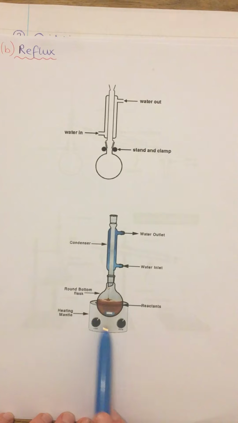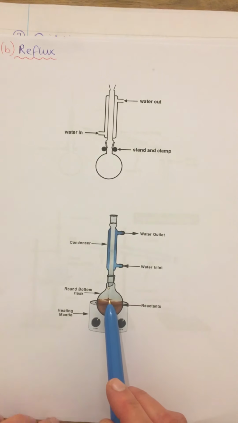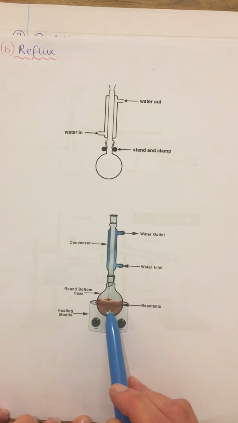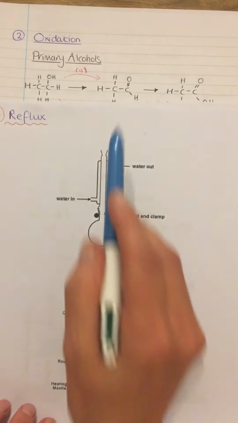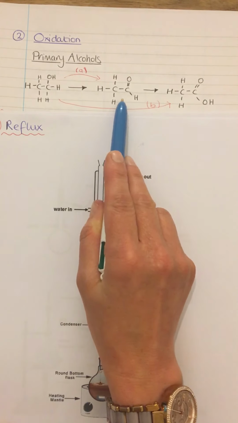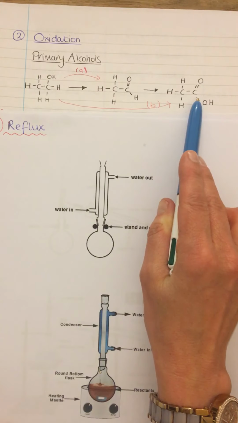Here it's shown as a heating mantle. And in the flask, you would have the primary alcohol to start with. But this time what you want to do is expose that alcohol to the oxidizing substance for as long as possible, so that when the first thing that forms, which is the aldehyde, it doesn't disappear and get separated. You want it to go the next step and turn into the carboxylic acid.